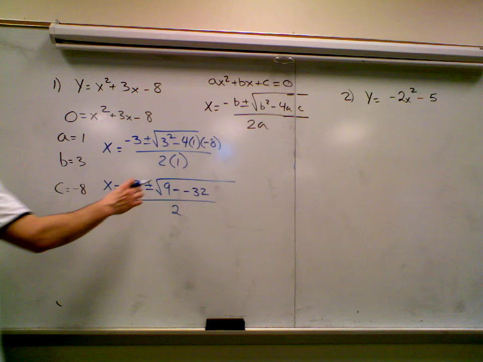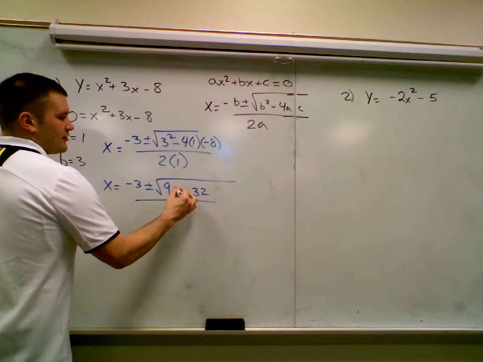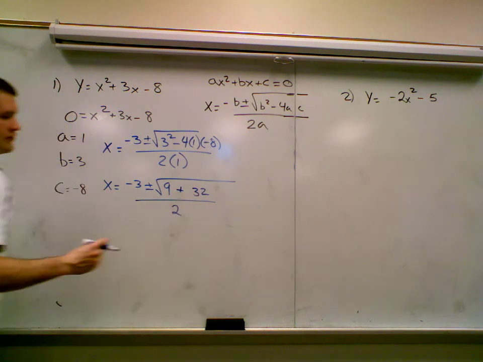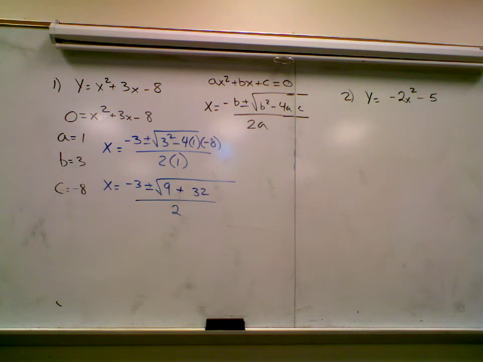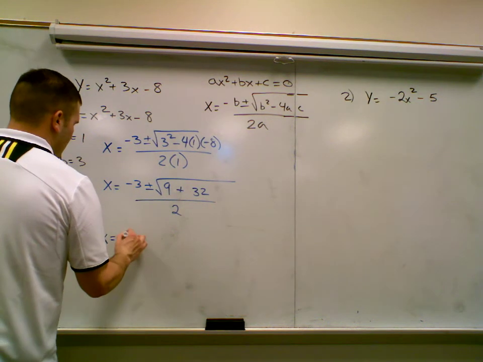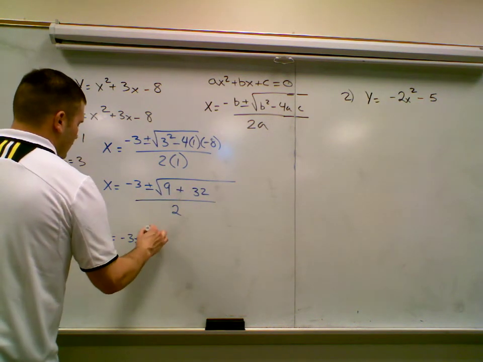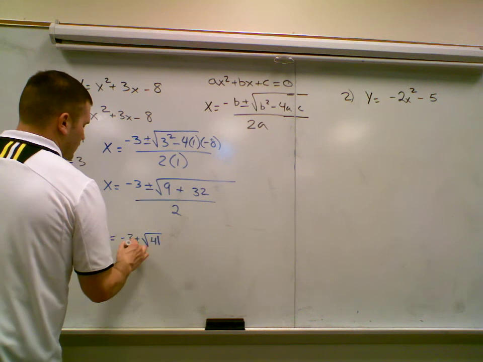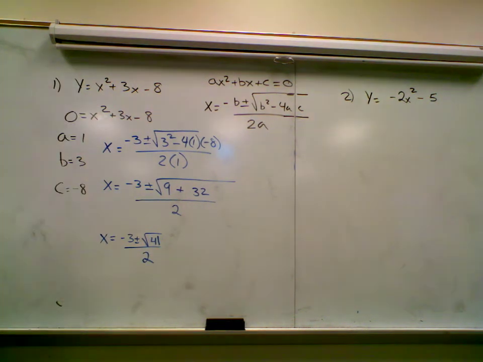So, minus a negative makes a positive. What's 9 plus 32? 41. Right?